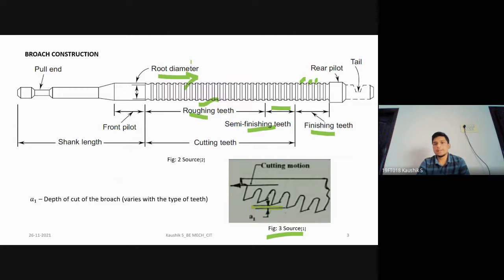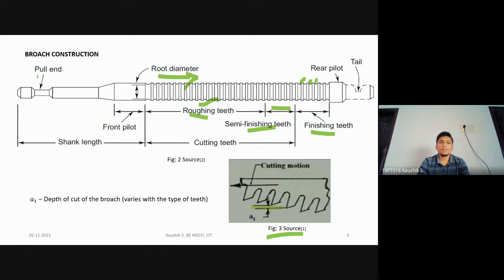Basically, when we consider the amount of material being removed, the roughening teeth can remove up to the range of 0.25 mm, while the finishing teeth can remove down to a value of 0.015 mm.